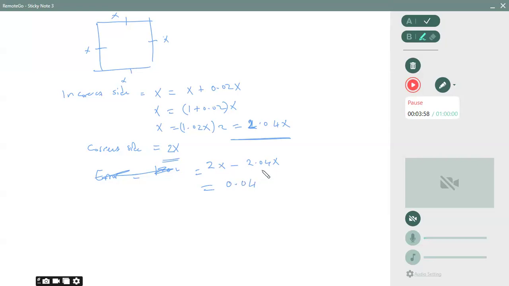You don't need to mind whether it is negative or positive. You just need the difference between the two. So 2.04x minus 2x remains with 0.04. Remember, this is in decimals. So when you multiply it by 100, it becomes a percentage. So it becomes 4%.